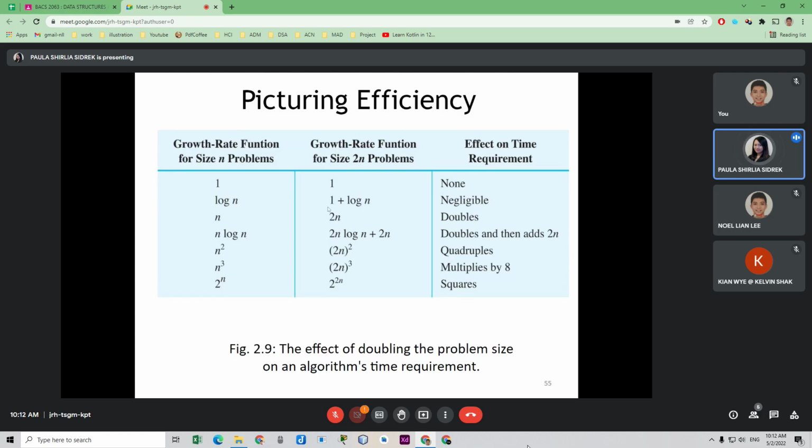For n log n, 1 plus log n, remove the 1, that becomes log n, and it doesn't cost much time to compute, so it's negligible. For n, your n doubles, and therefore the effect on time requirement will be double as well. And as this value increases, the growth rate function for size 2n problems increases, and that is what the effect on time requirement will be.